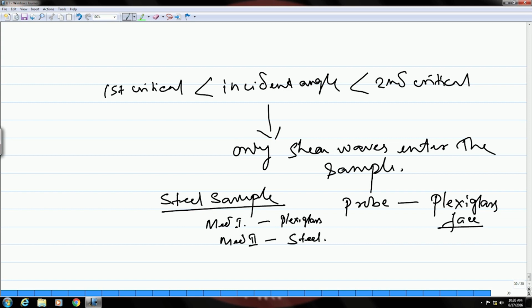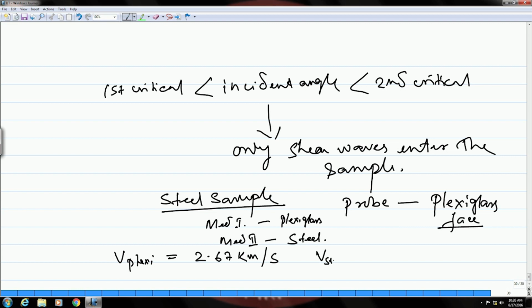Okay. Now, if you look at the velocity of sound wave, the longitudinal waves in steel and in plexiglass, velocity in plexiglass is 2.67 kilometer per second.